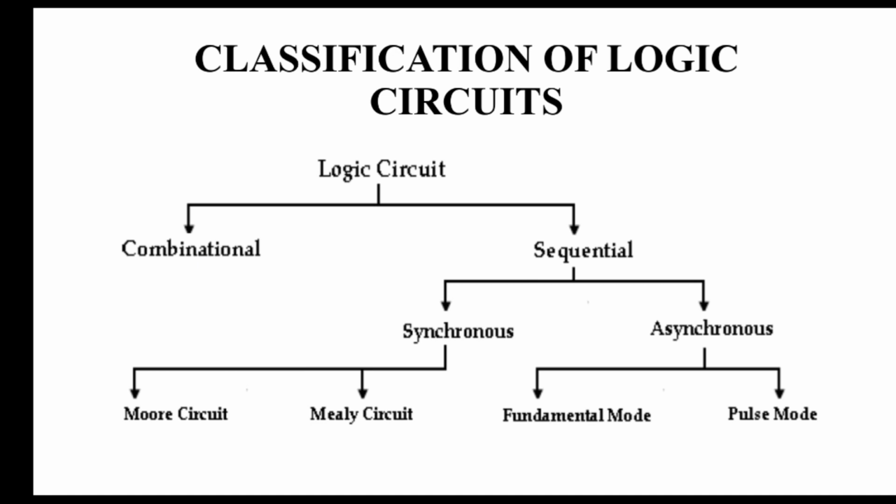The synchronous sequential logic circuit uses a single clock pulse. It is further classified into Moore circuit and Mealy circuit. The asynchronous sequential logic circuit uses separate clock pulses. It is further classified into fundamental mode and pulse mode.